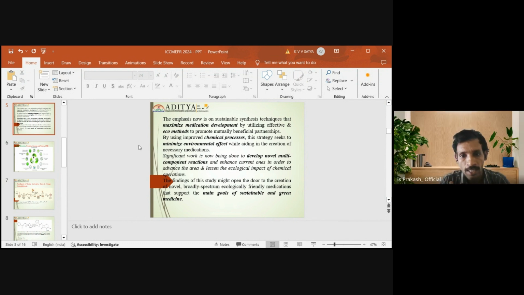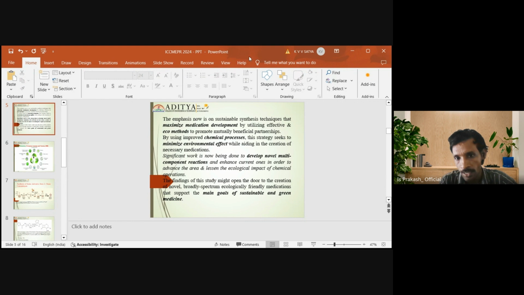The emphasis of the sustainable synthesis technique is mainly to maximize medication development, meaning the development of products which are useful for sustainable synthesis. The procedure is also used in medicinal fields. These are chemical process strategies which minimize the environmental effect.